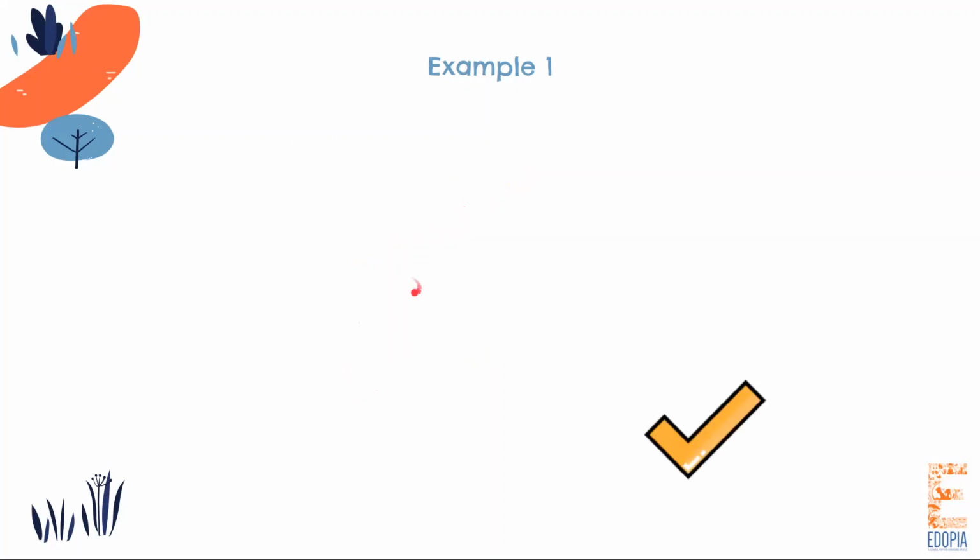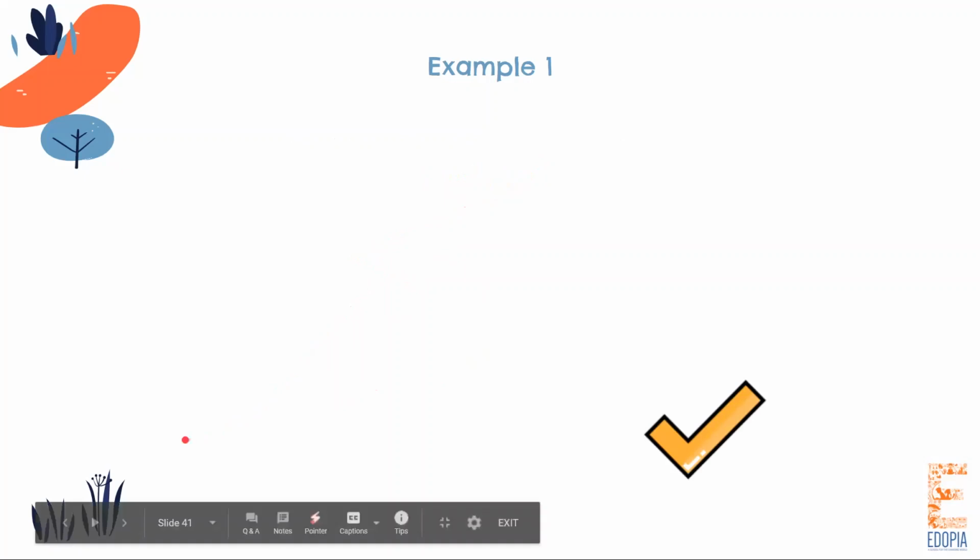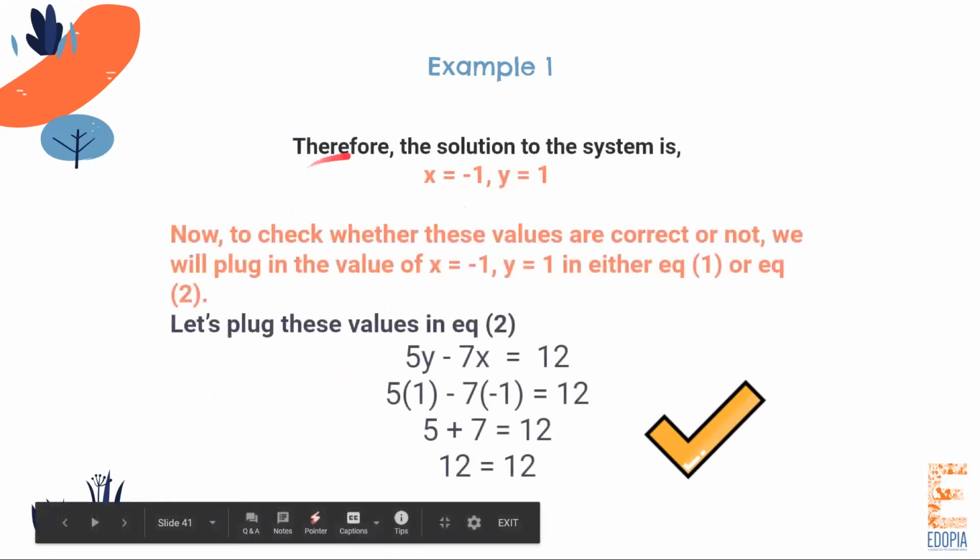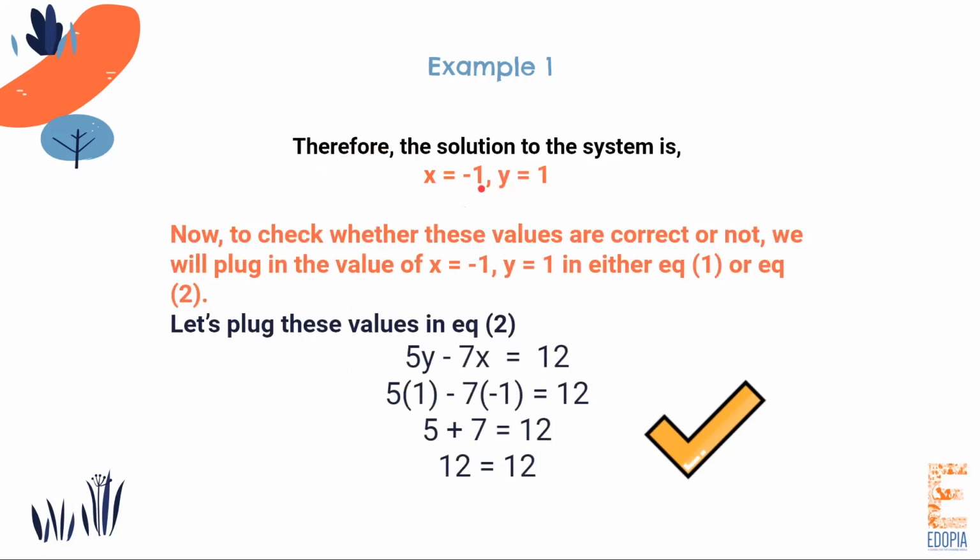Now, how do you know that the solution you got is right or not? You will simply plug in the values x equals minus 1 and y equals 1 in any of the original equations. I am using equation number 2, which is 5y minus 7x equals 12.